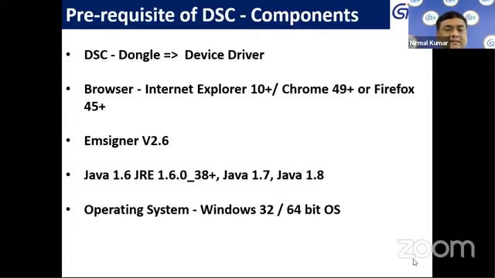The emsigner acts as a bridge between the GST application software and the dongle, and it also creates a secure tunnel so that the signed information from your dongle gets transferred to the GST application.